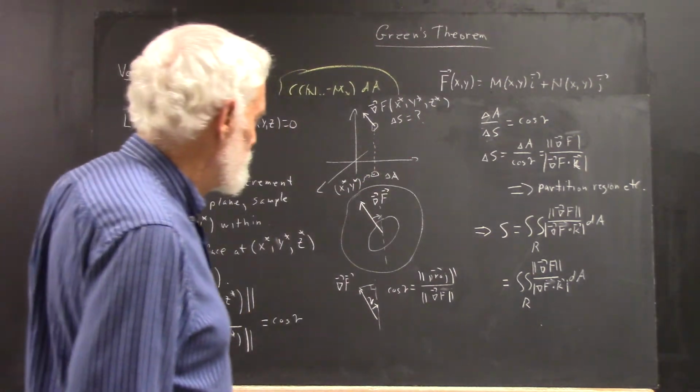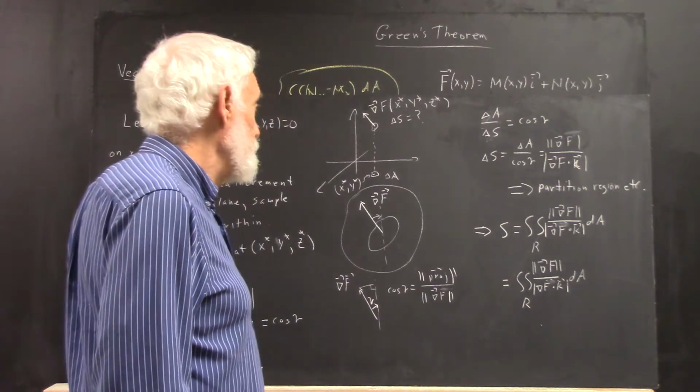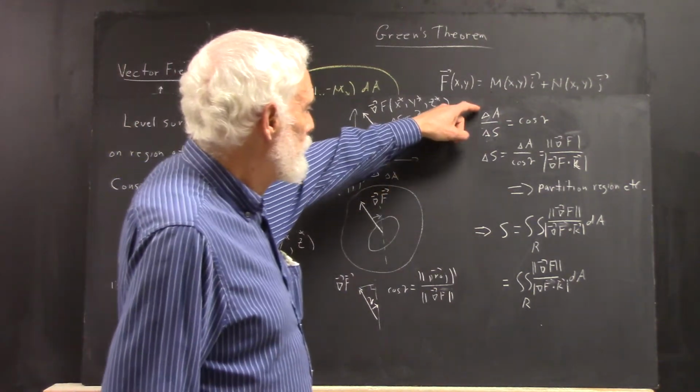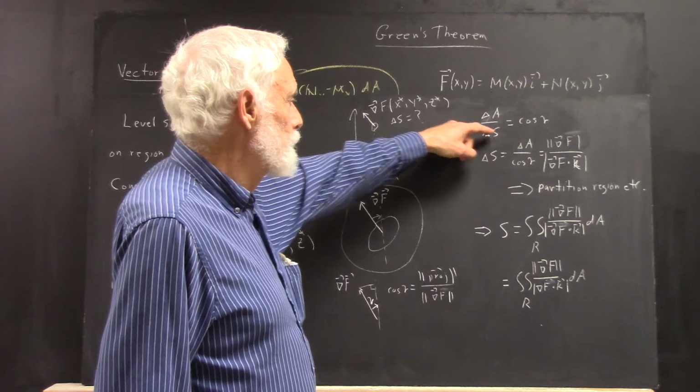And then it's a very simple trigonometric argument that the ratio of delta A to delta S is the cosine of gamma.